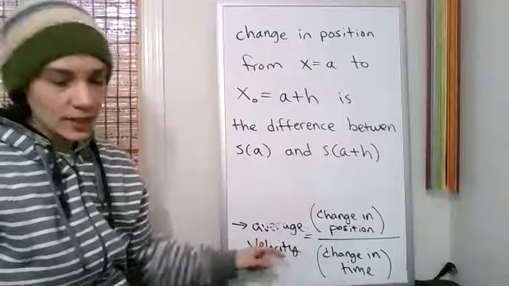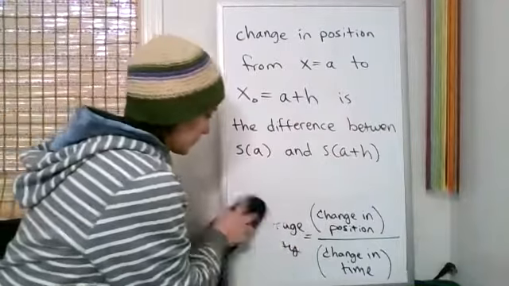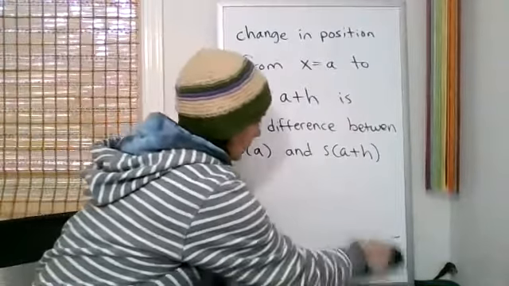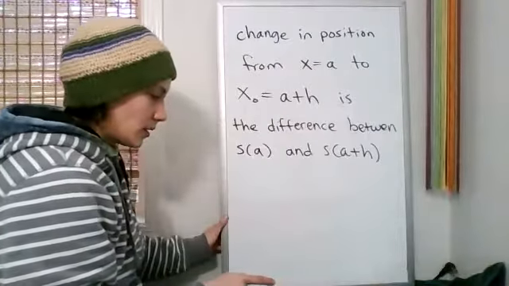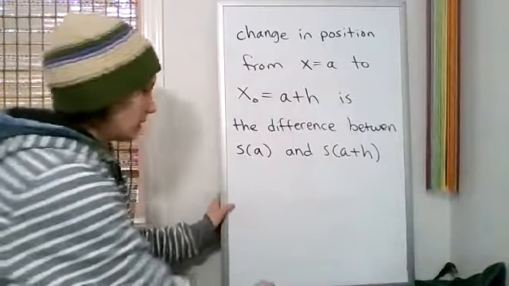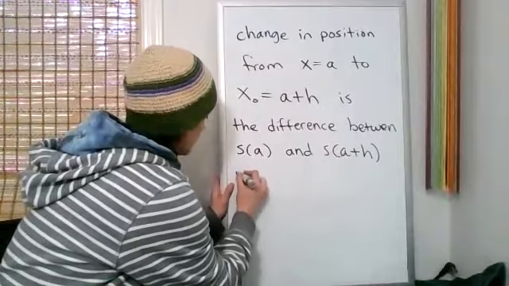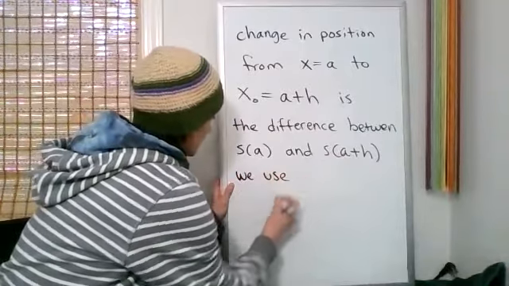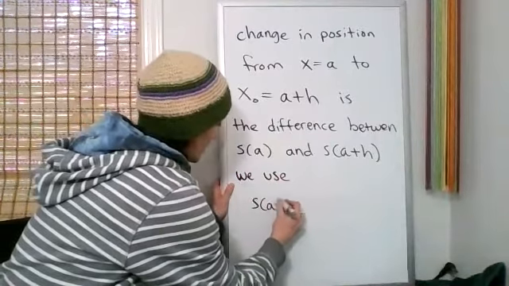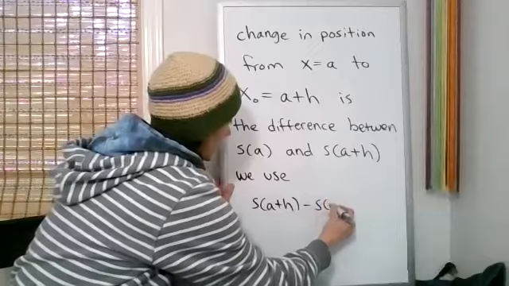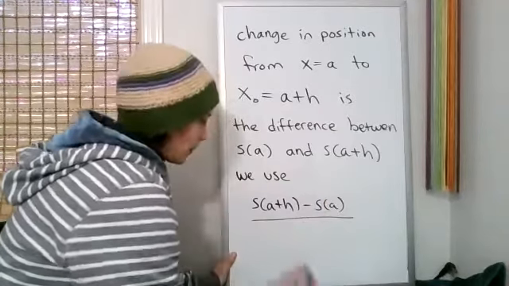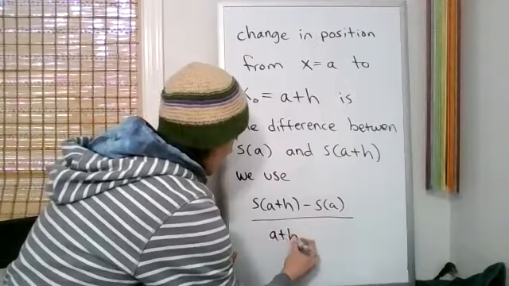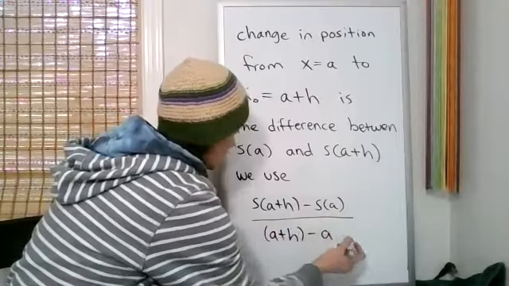So average velocity I think has a little more to it. We're working towards that. Okay, so we use s of a plus h minus s of a over, well, a plus h minus a.